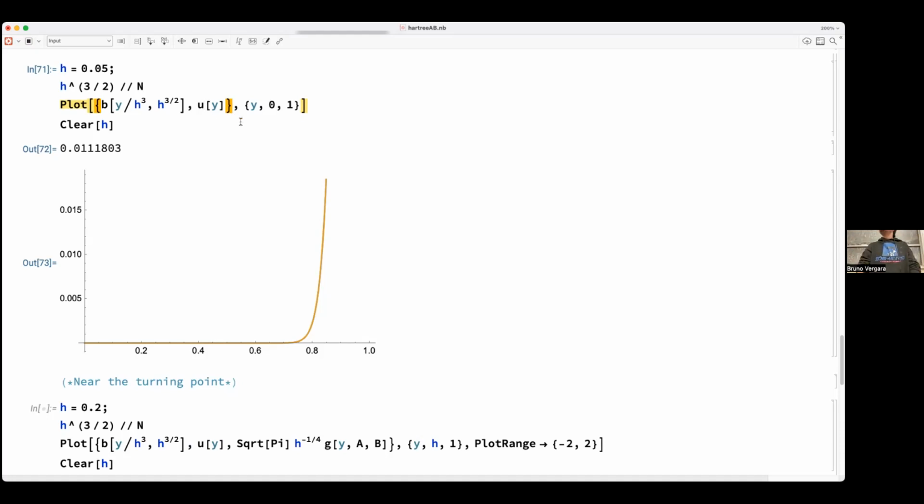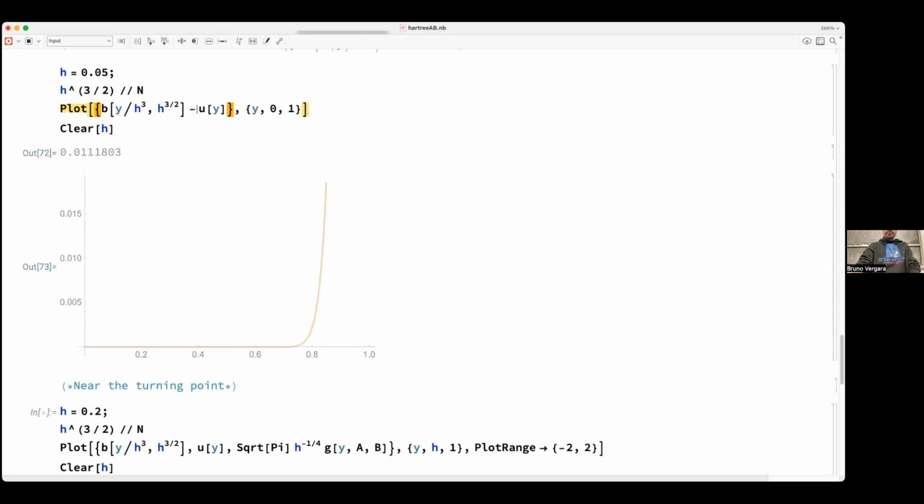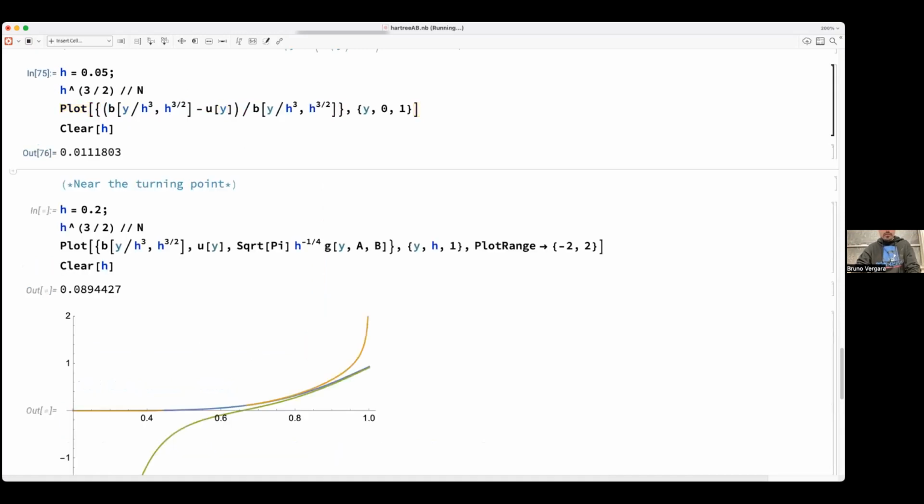Can you plot the difference? So the U minus your B divided by B. That's the relative error. Maybe, well, let's wait. If not, let me increase h a little bit, or do a discrete plot.